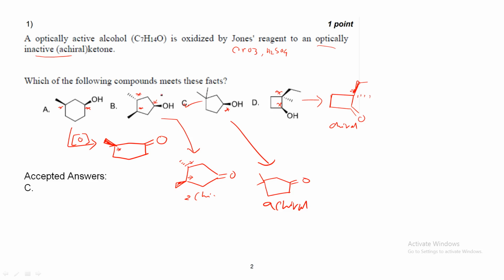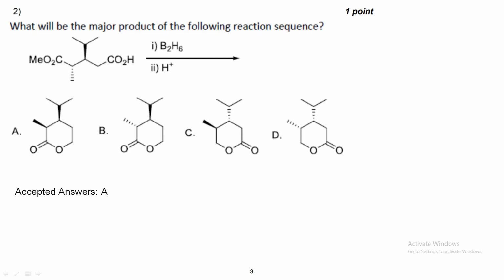So now moving to the next problem. They are asking what would be the major product if this particular event takes place. At first they are using B2H6, meaning just boron based reduction, and then acidic condition applied.